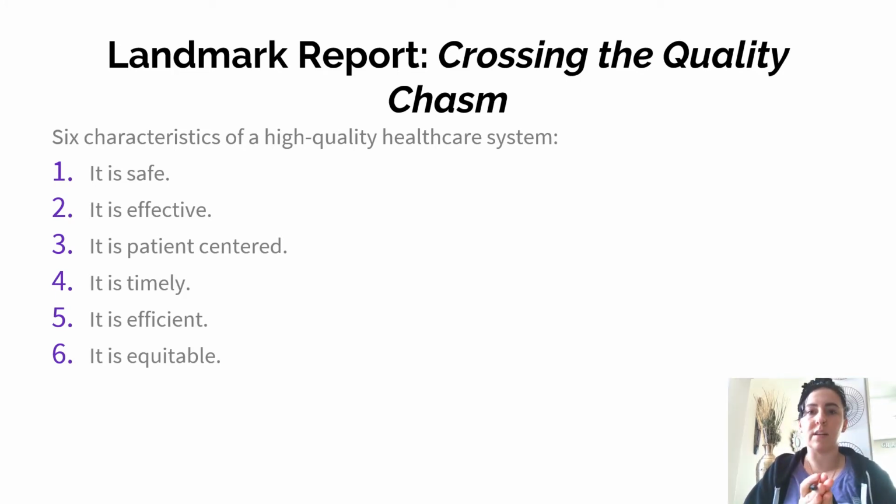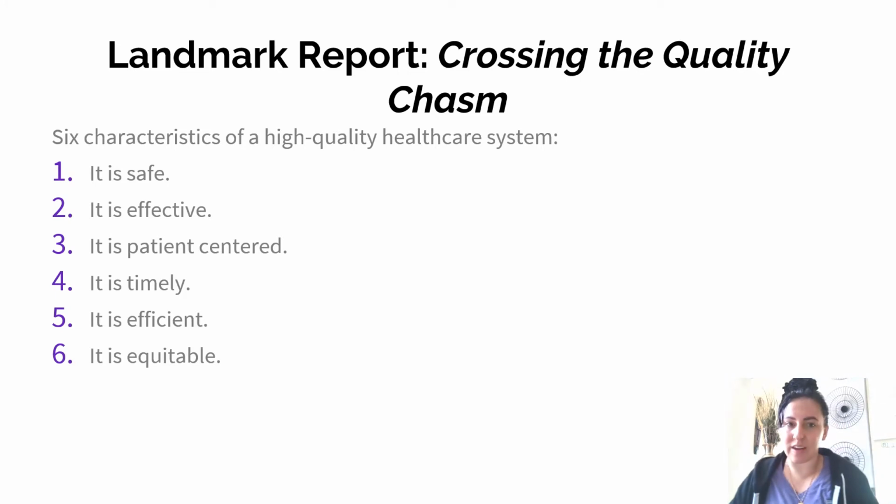So, crossing the quality chasm. There are 6 characteristics of a high quality healthcare system. Okay, so these 6 characteristics are: is it safe? Is it effective? Is it patient-centered? Are you focused on the patient with whatever you're doing, the quality of services that you're providing?